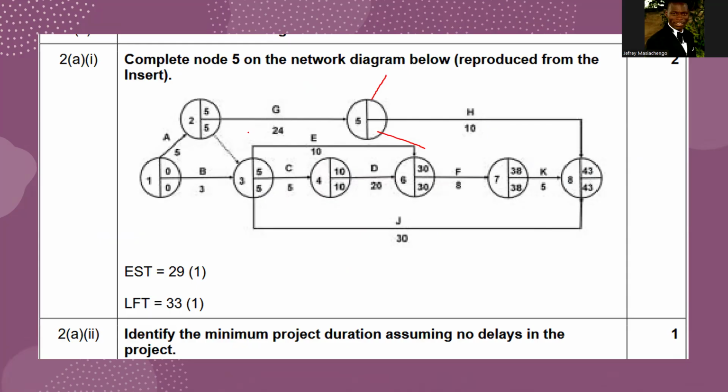When you are moving from left, a forward pass, F pass, I will just write F, it means, just imagine yourself playing soccer. A forward pass, where are we moving from? We are moving from left to right. Forgive my handwriting. From left to right.